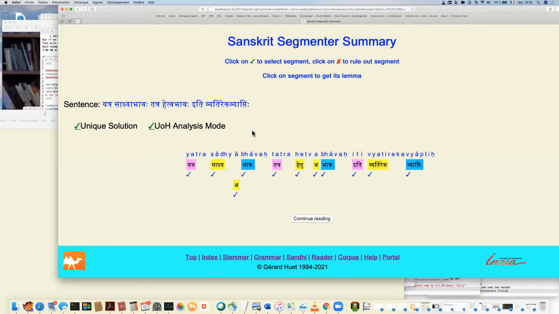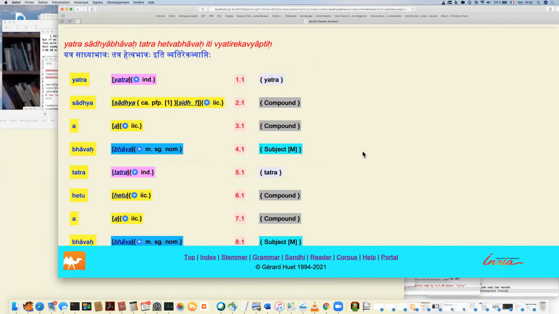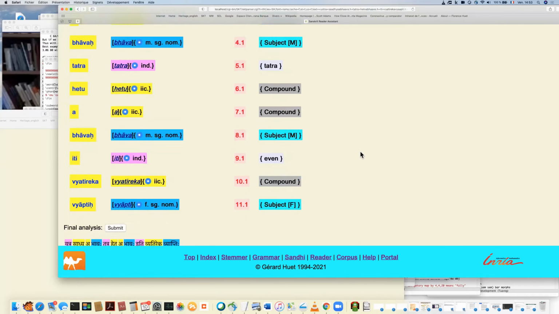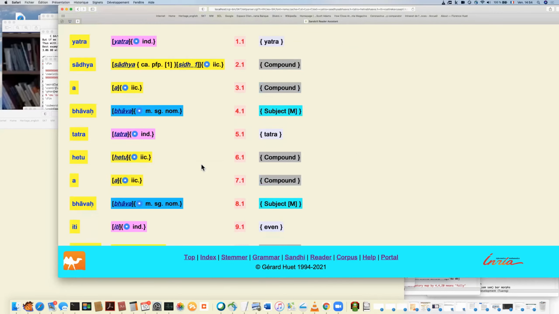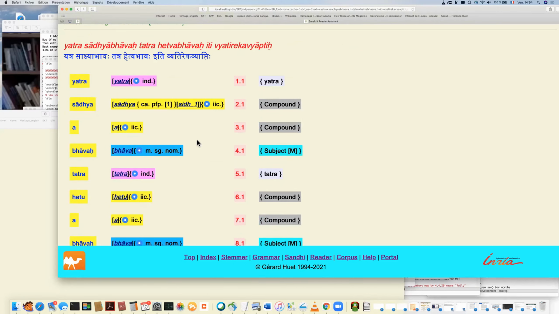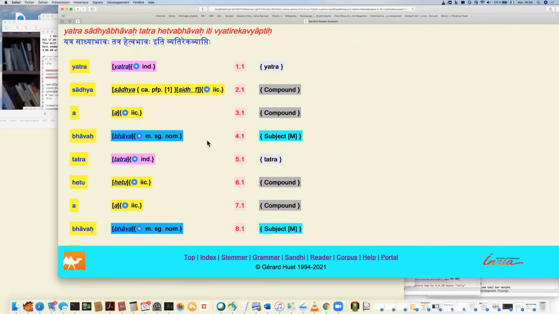So here, when you arrive at this point, I covered on Wednesday the various ways to switch to the parser. Here, if you click on Unique Solution, then you get this interface where you can settle the last details in order to have a unique analysis.